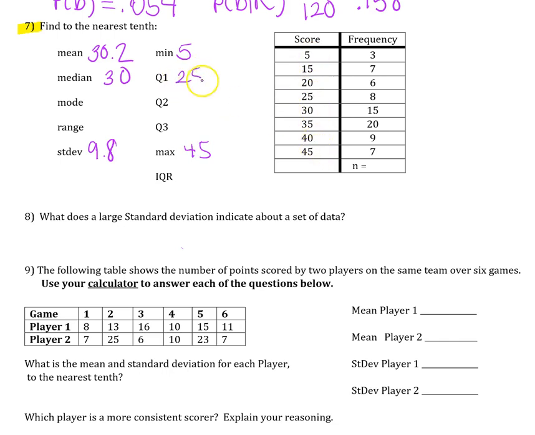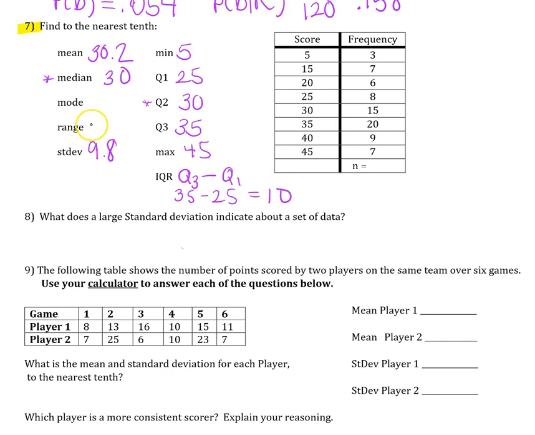Quartile 1 was 25. Quartile 2, or the median, is 30. These two things are the same. Quartile 3 is 35. Interquartile range is Q3 minus Q1. So Q3 is 35, Q1 is 25. So our interquartile range is 10.